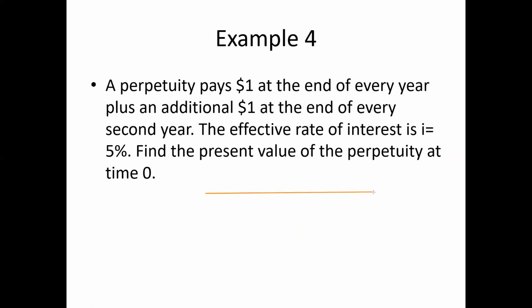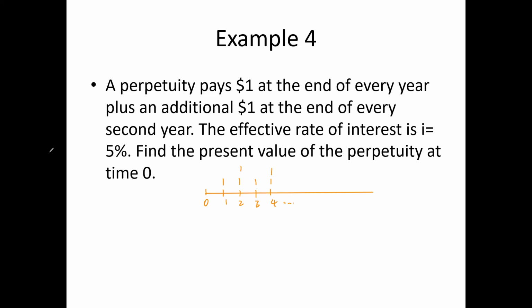So let's draw a timeline for the sake of illustration: 0, 1, 2, 3, 4, and forever. And $1 at the end of each year, and then an additional $1 at the end of every 2 years.